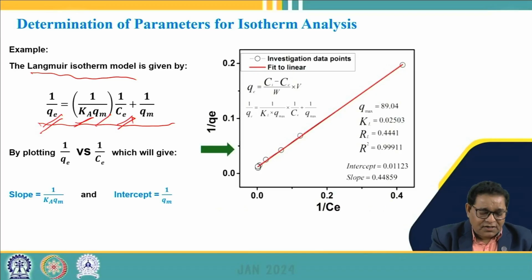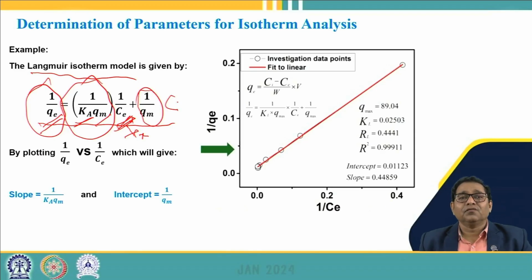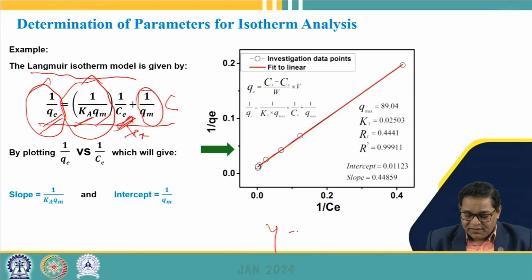In this equation, this is like Y, this is like M, this we take as X, and this we take as C, so we will have a straight line plot in the form of y equals mx plus c.